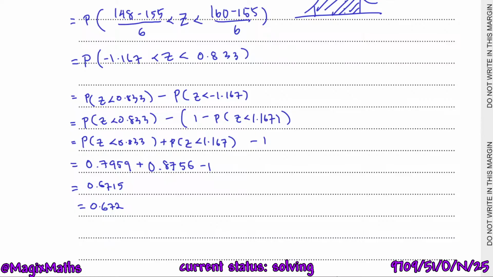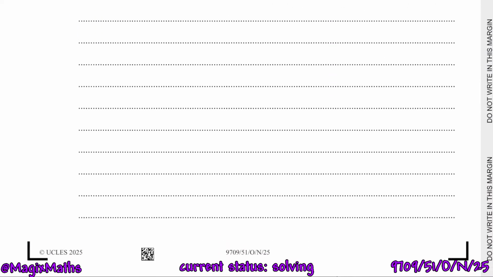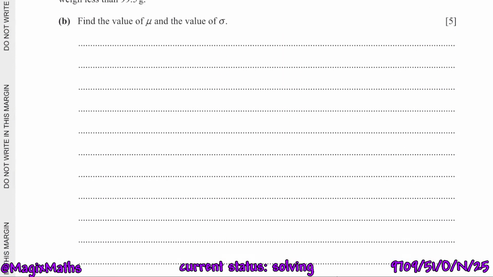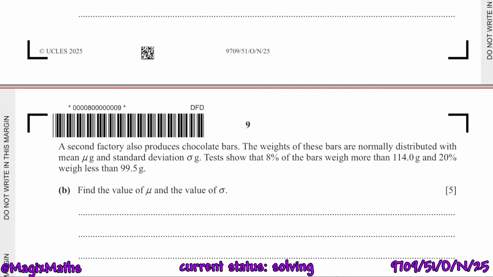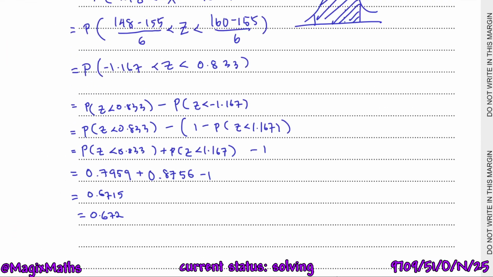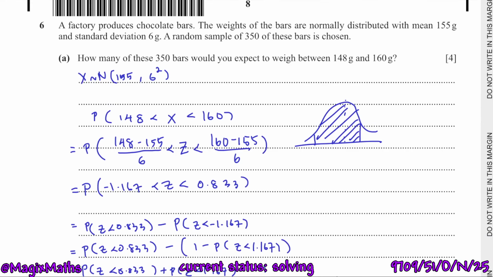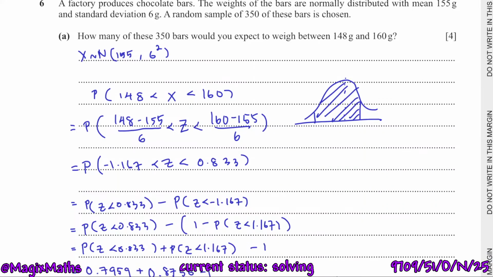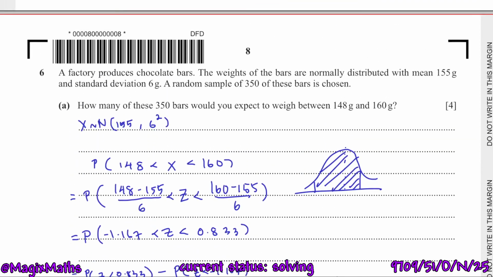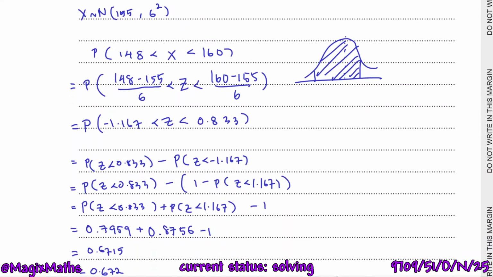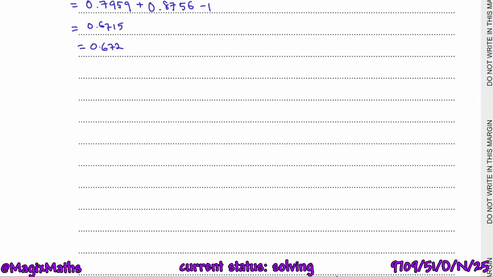Okay, let's move on to the next question. Oh, it's the next part. So we have a second. Oh, yeah, I just forgot that we have to multiply this by the number of bars. So it's just the number of bars times the probability. So it's 350 times 0.6715.